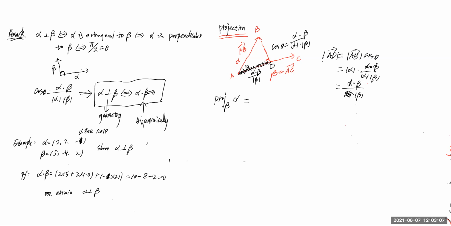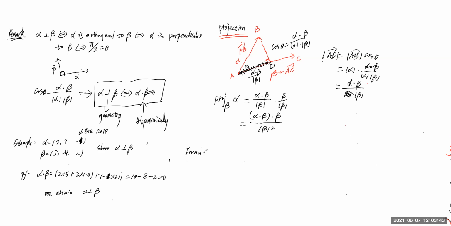We already knew the length, right? How do we find the vector? The vector should be alpha dot beta over the length of beta, multiplied by the unit vector of AC. The unit vector of AC is beta over the length of beta. So the formula in the textbook is alpha dot beta, a number, multiplied by beta over beta squared.